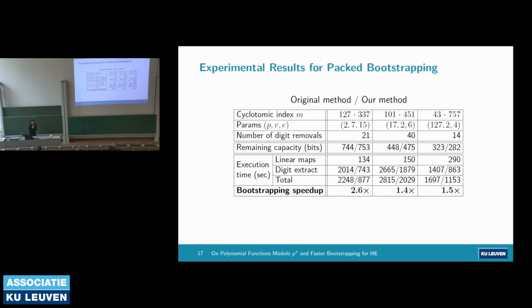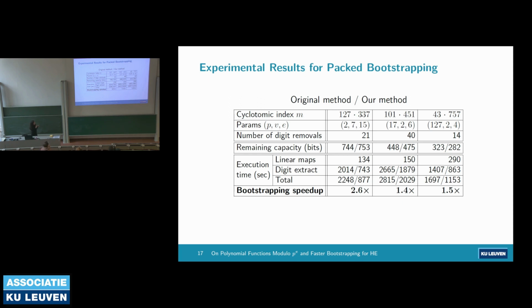Now I'd like to show some experimental results. First, when e is low, here we choose e as 15, 6, and 4, then we apply all our optimizations except the function composition.